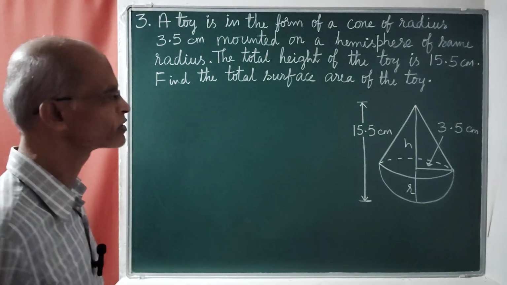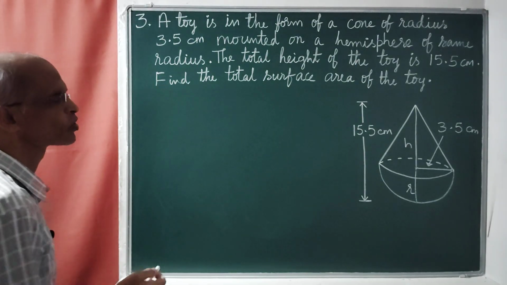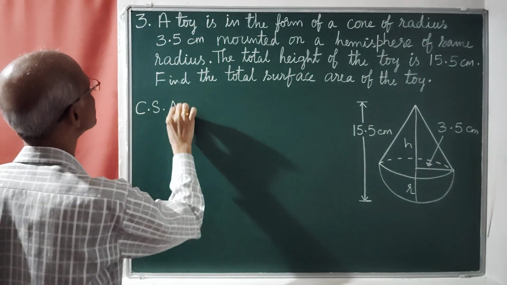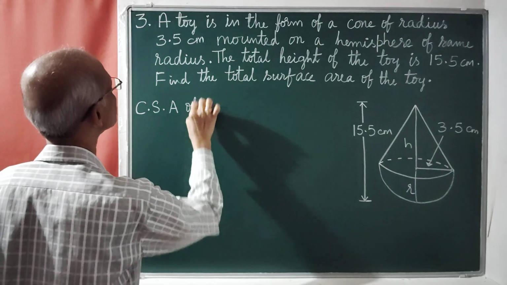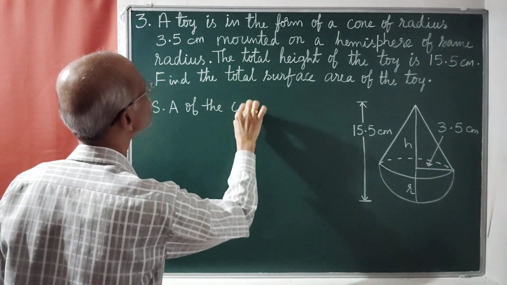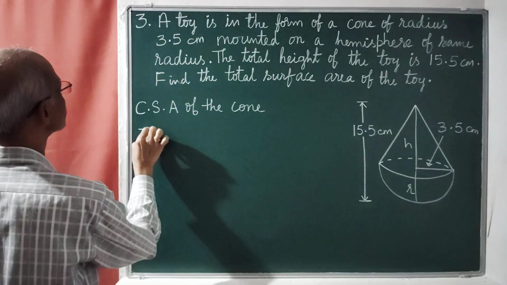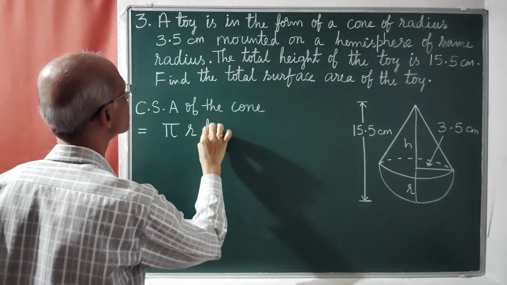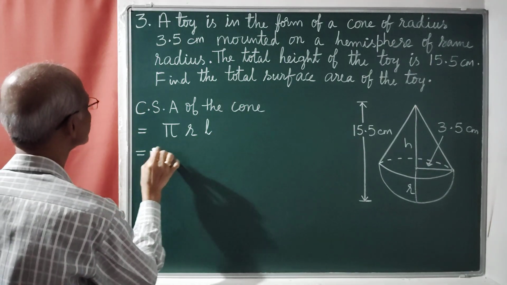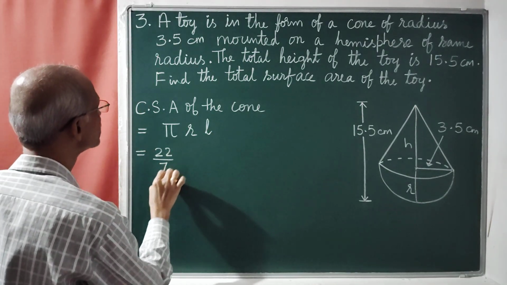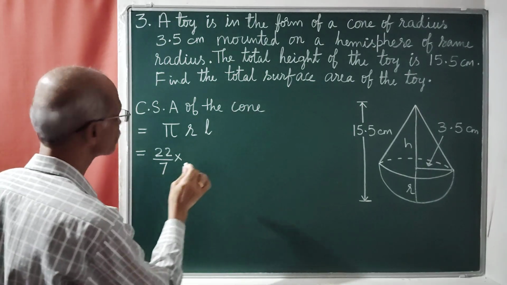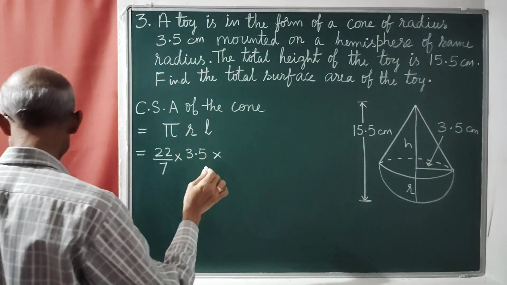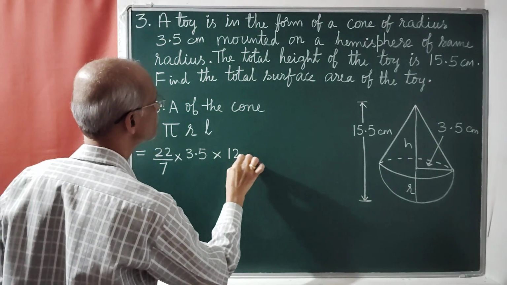Now we will find out the curved surface area of the cone, that is CSA of the cone is equal to pi RL, that's equal to 22 by 7 into R, the R is 3.5, into the L is 12.5.